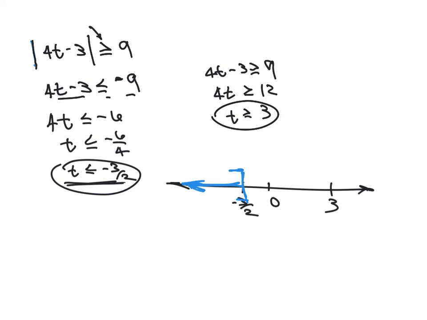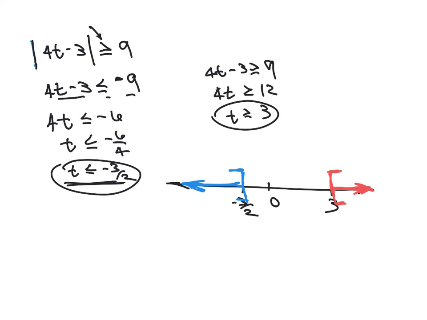It does not mean that the absolute value is less than 3/2. Two completely different things there. So if it's less than or equal to negative 3/2, the number t represents is less than, so it's to the left of negative 3/2. This says t is larger than or equal to 3, with a square bracket. If it's larger, it's going to be going that way. And that ends up being our answer for example number 4.